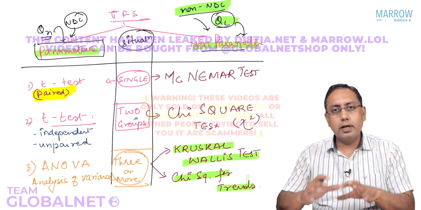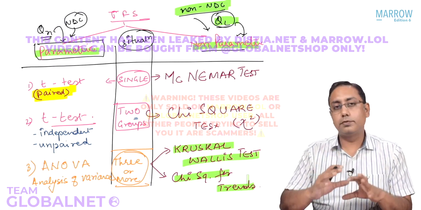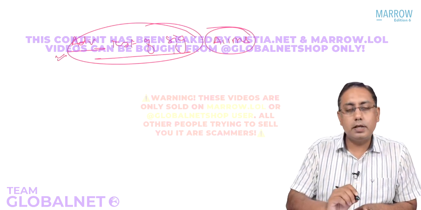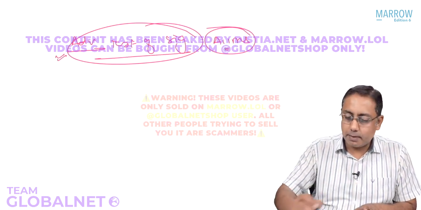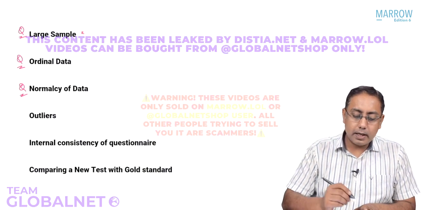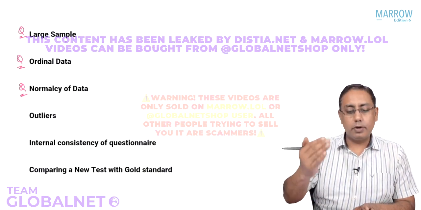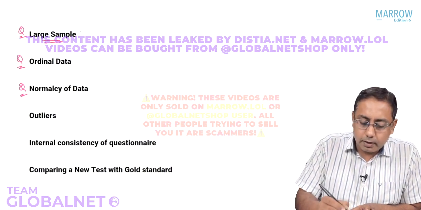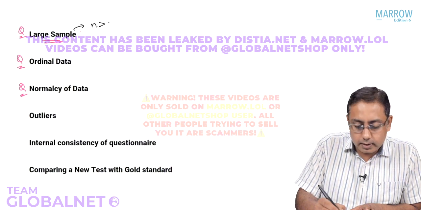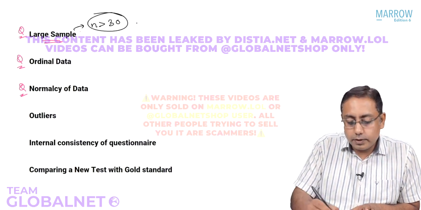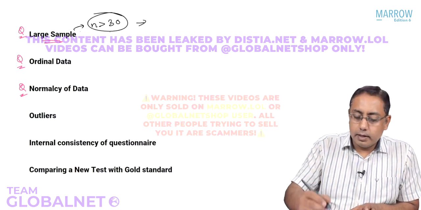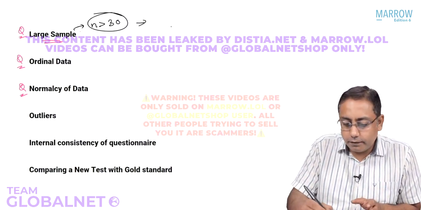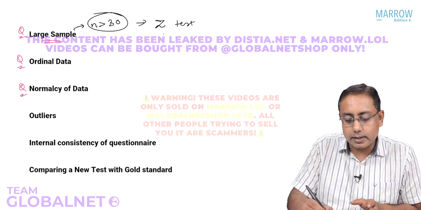So that is all that you require for most MCQ exams. But talking specifically of the advanced tests of significance, which may be asked in your AIIMS exam, you might be asked to go a little bit further. So what is this MCQ about large samples? What do you mean by a large sample? A sample size of more than 30. If the sample size is more than 30, statistically speaking, the test of significance becomes a Z test.